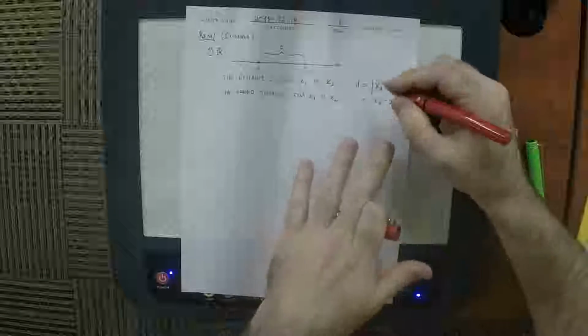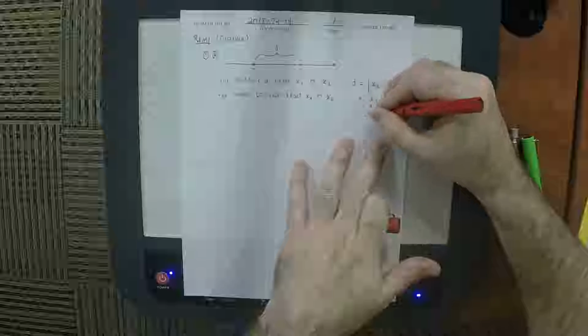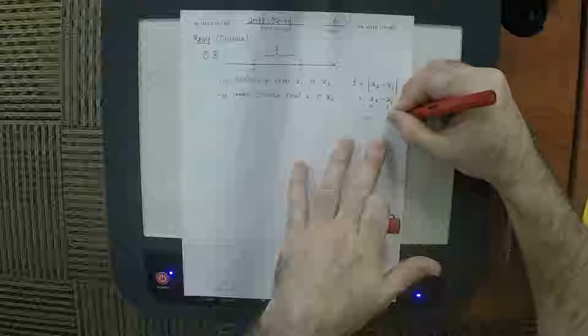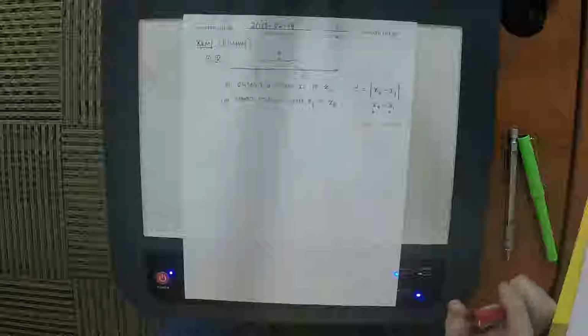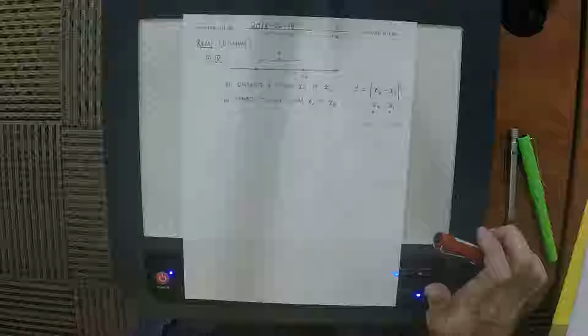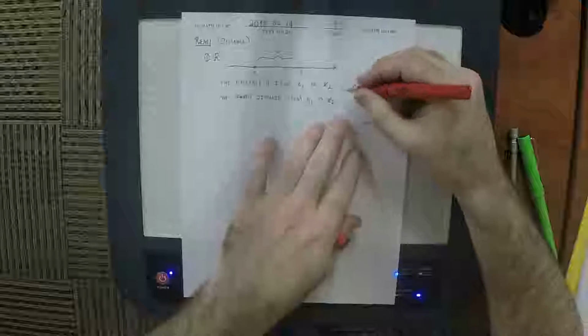So the signed distance is always the final minus the initial. It's called signed distance because there's no absolute value there. In this case, the way you denote that is with delta x.